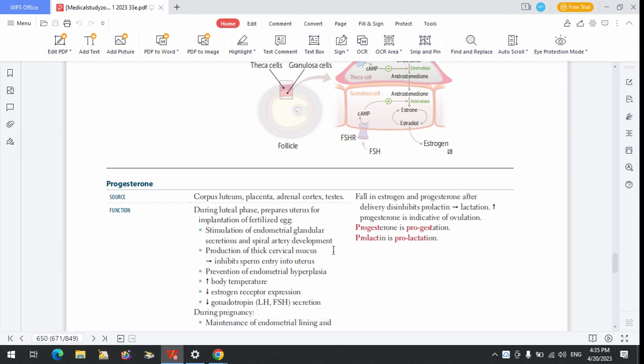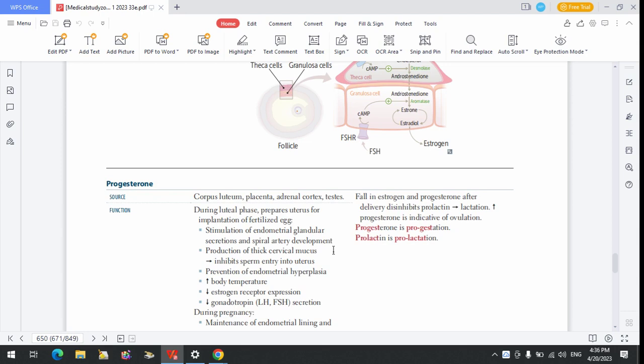So, what are the effects of progesterone in pregnancy? Of course, I've mentioned it. It helps to maintain the endometrial lining, so that it can provide a very good fertile environment for the fetus to grow. At the same time, it also inhibits one of the actions of estrogen. I've mentioned that estrogen has an action on the myometrium, allowing the myometrium to contract so that you can expel the fetus.